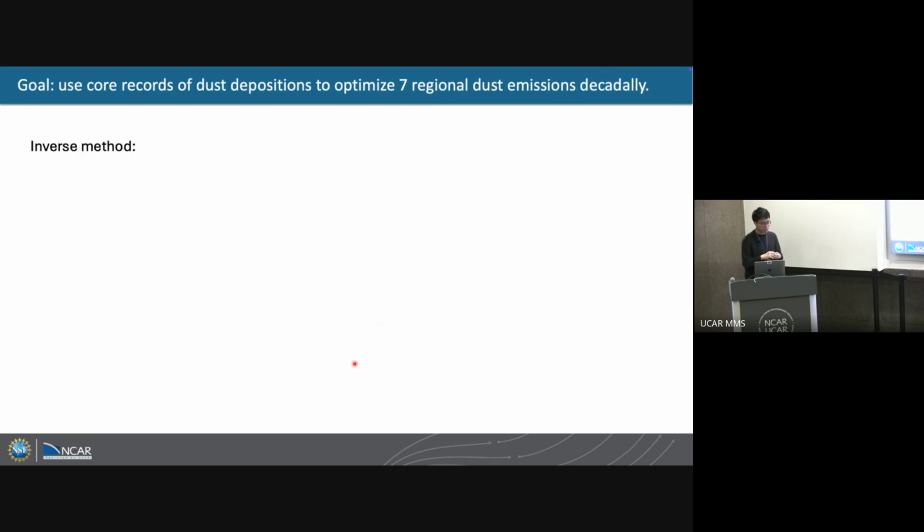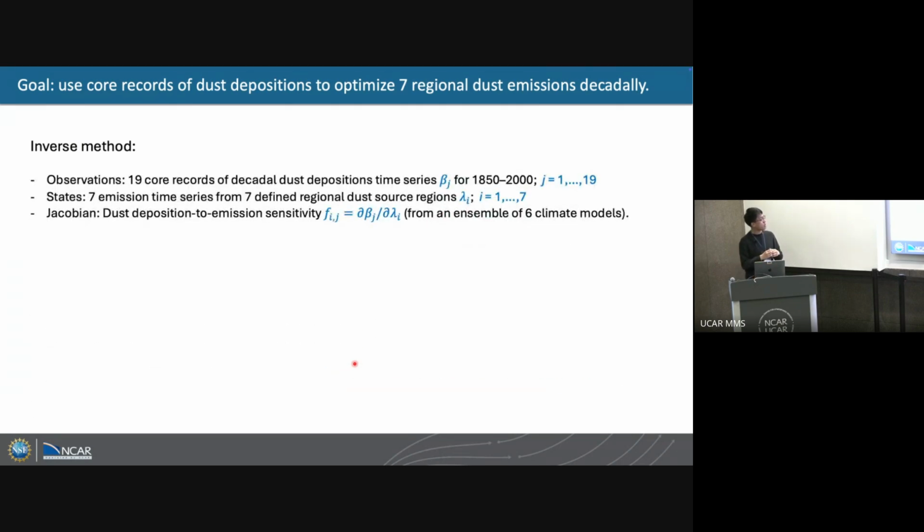So how do we do that? The approach is called the inverse analysis or inverse method, which probably a lot of you have some understanding of. So it basically involves some observations. In this case, we have 19 core records of decadal dust deposition time series from the 1850s to the 2000s. We call that beta. So we have 19 time series.